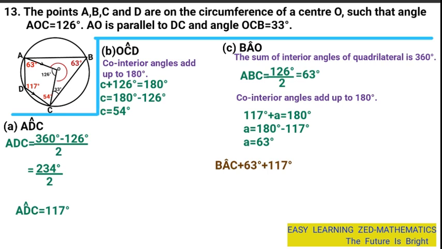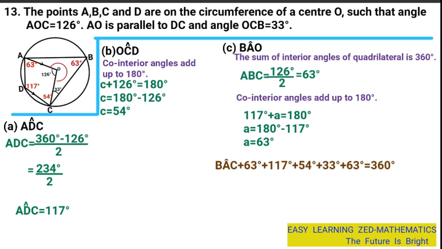So plus 54, plus 33, then plus 63, which is on B. Then all these angles should give us 360 degrees.